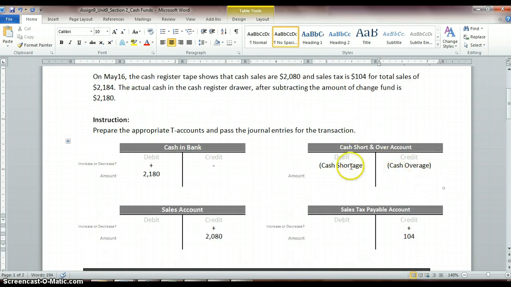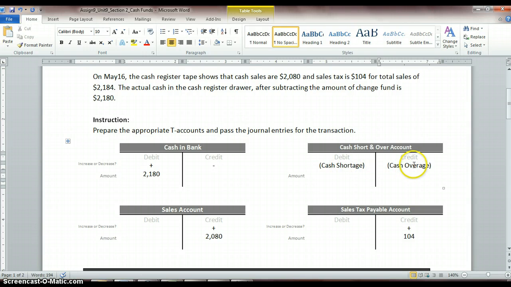And then this is the new part for us. I kind of helped you out here with a cash short and over account. If it's a shortage, we record the shortage on our debit side, because we said that's like an expense. There's not really an increase-decrease side, because essentially both of these would increase that account. If we're recording it on the debit side, that would increase our expenses.